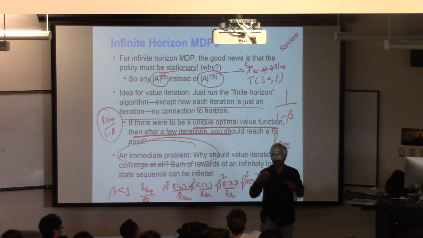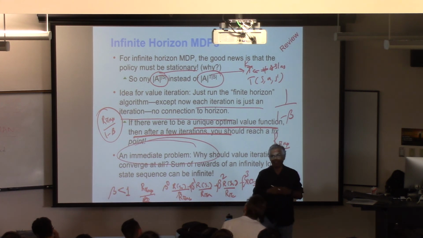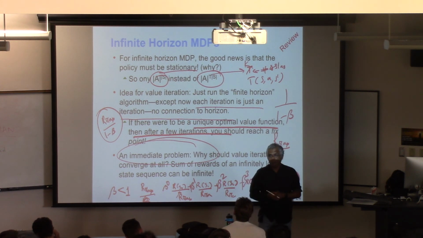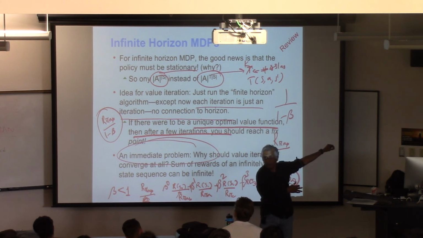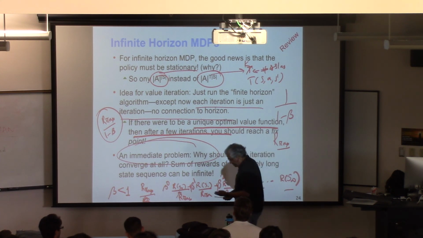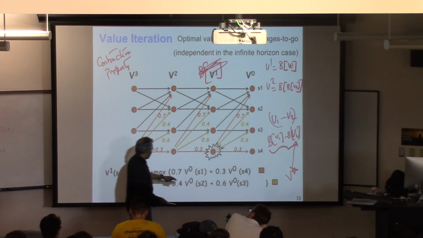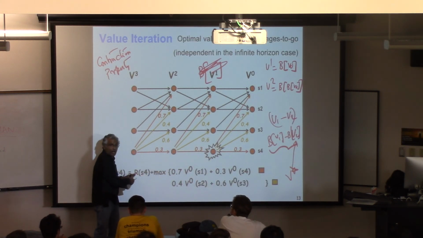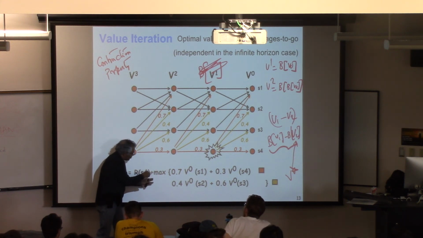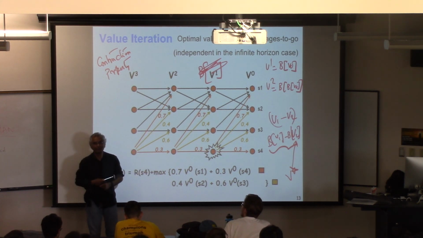I reward shape such that the rewards will add up to a finite number. At this point I'm done, because I already have working code. I just have to make it, instead of just basically taking this and adding it to R(S4), I put a beta and add it.